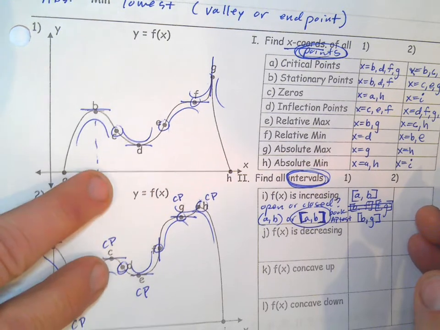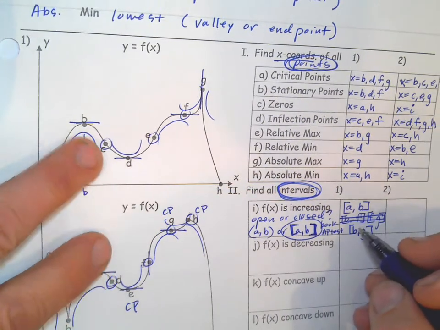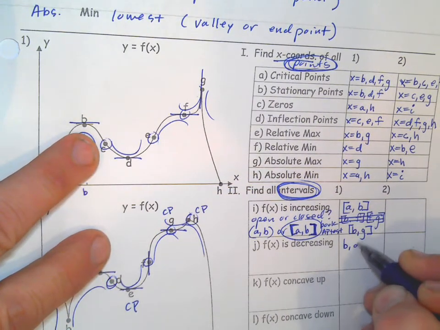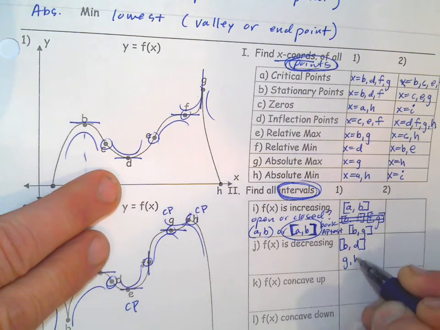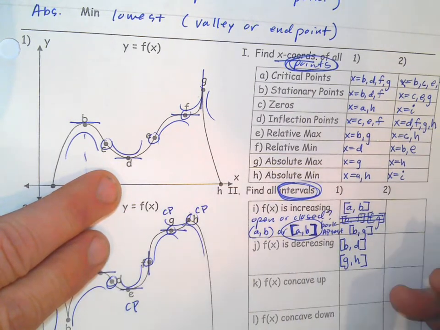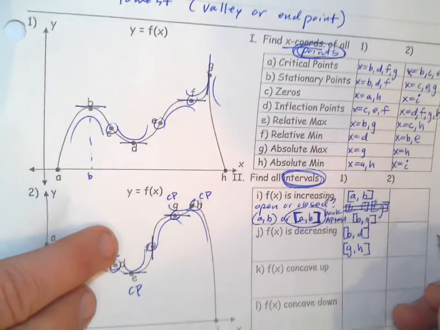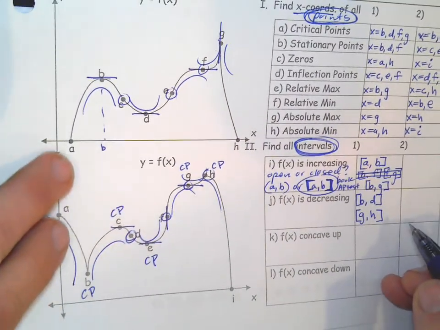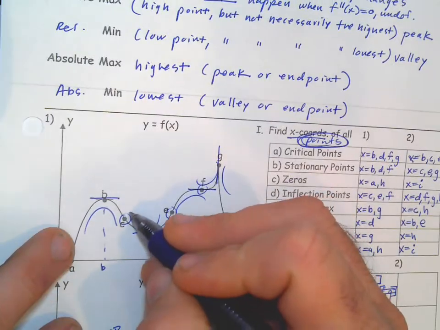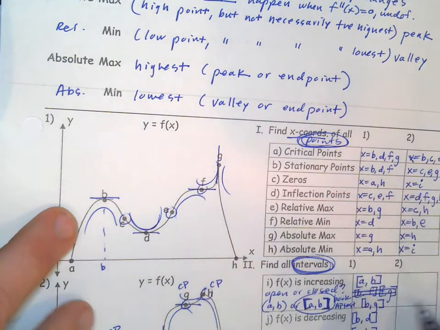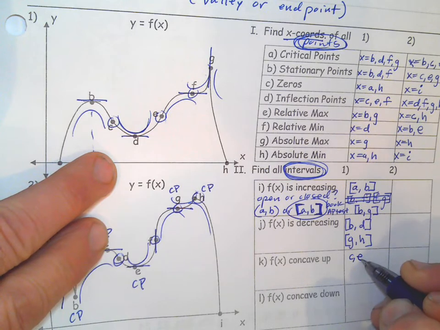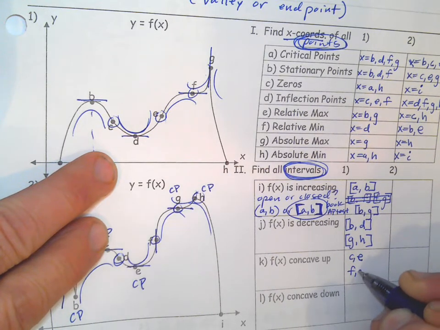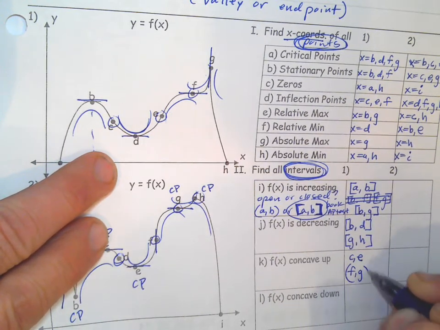Decreasing is from B to D, it's going down, and we include the endpoints. And then also G to H, it's decreasing. So those are the two intervals. Concave up, so you might emphasize, draw the kind of the concavity. So it's concave up from C to E, and then from F to G. These we do not include the endpoints.